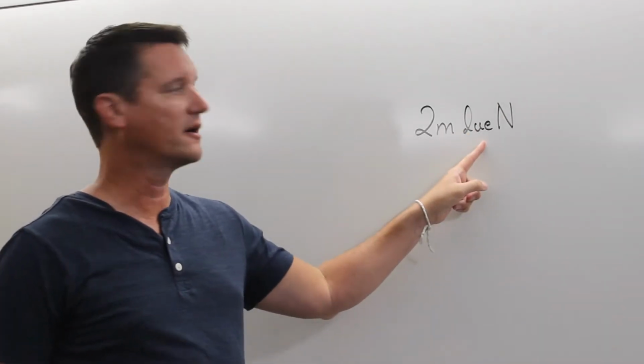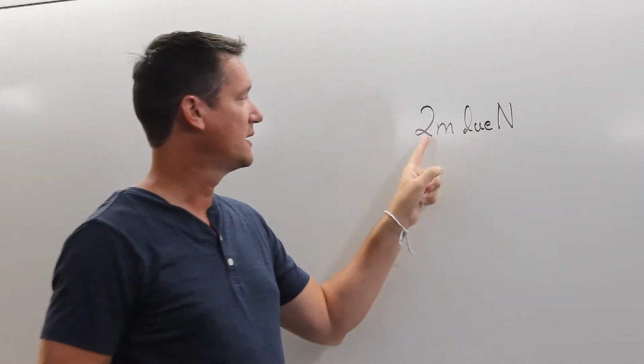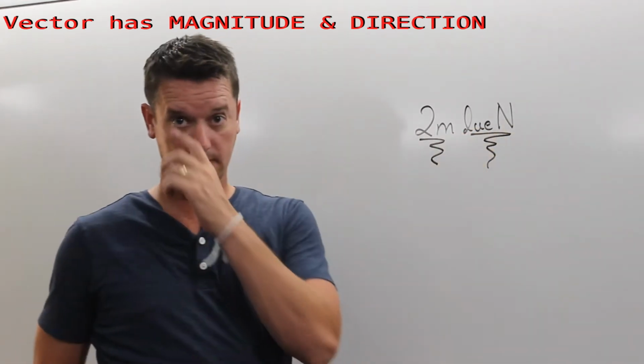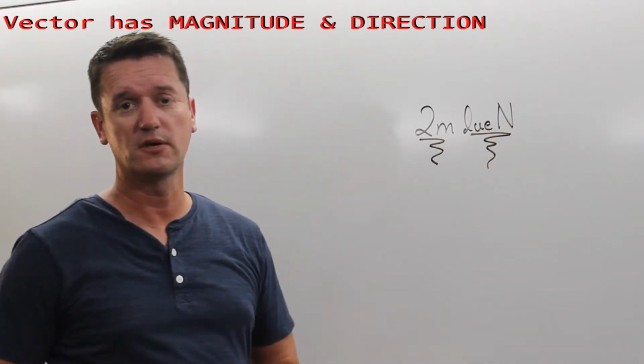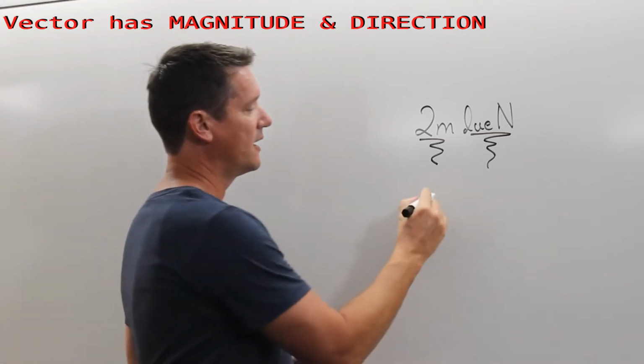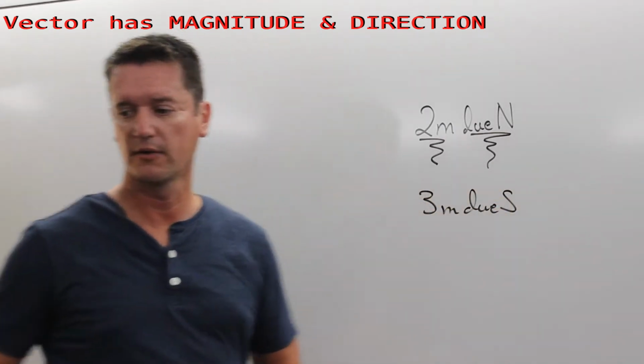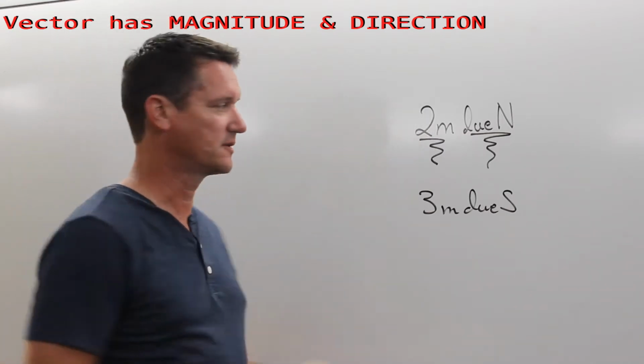Now, this right here is describing a vector. It describes the magnitude and the direction. Those are the 2 things that you need in order to describe a vector. 3 meters due south would be another way to describe a vector.